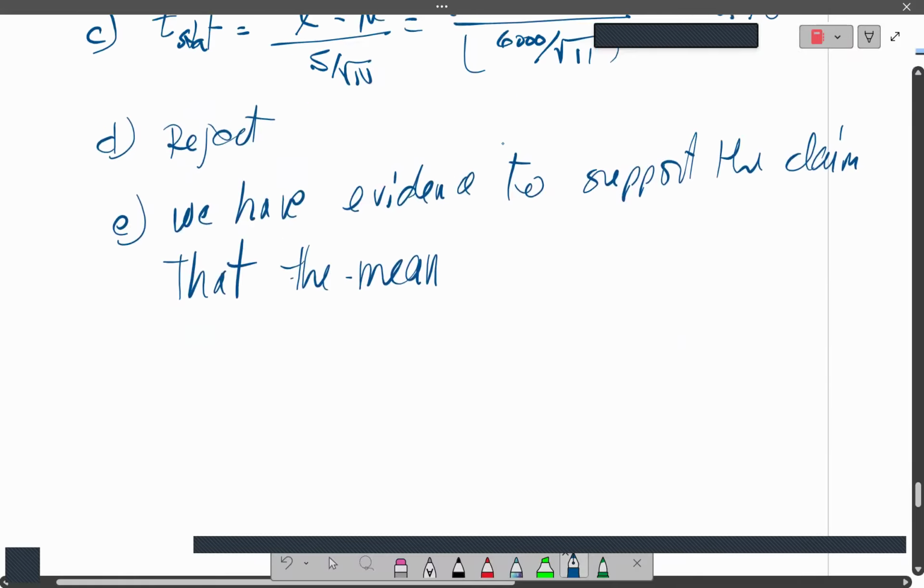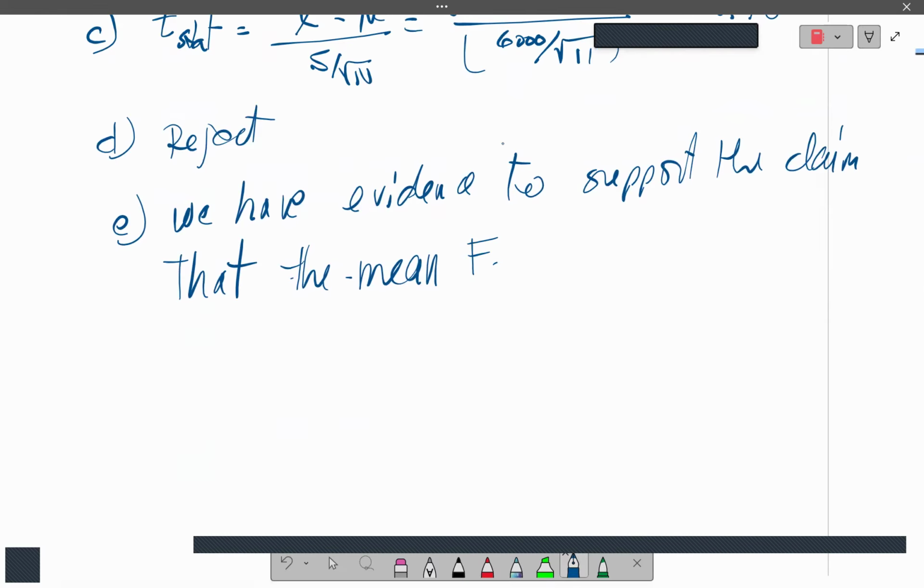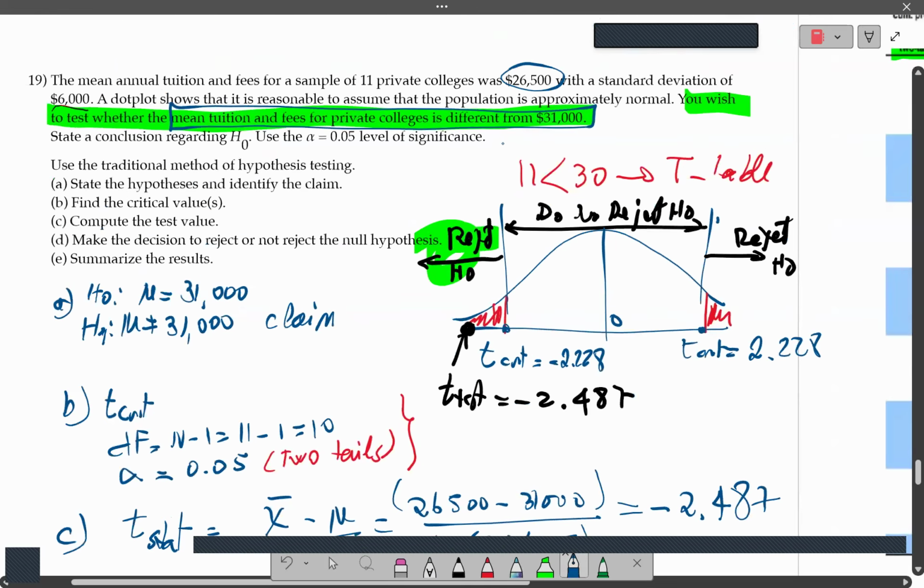The mean fee or whatever it is. I know what the cent is. The mean tuition.